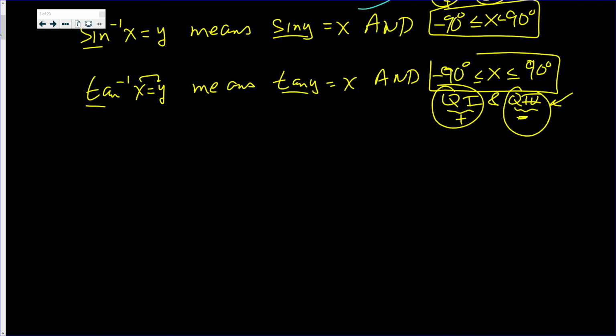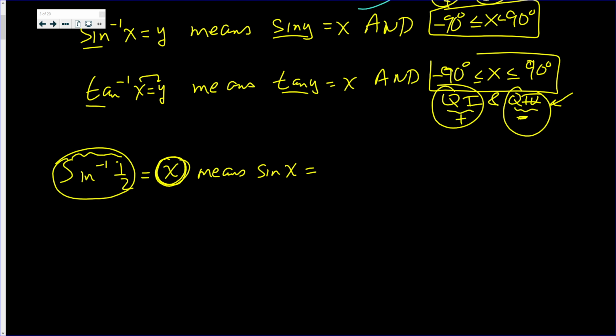Hopefully that was clear. Now, if you want to find the sine inverse of a half, first give it a name. Call it x. This here is an angle. How do I know that? Because this means that the sine of x equals a half.